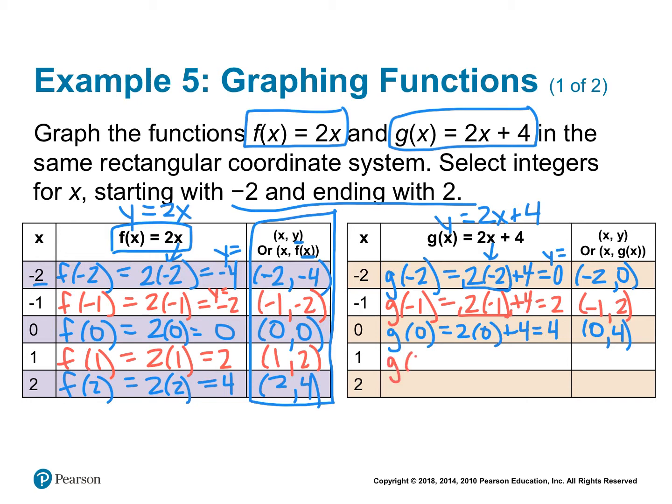G of 1: 2 times 1 is 2, plus 4 is 6. So 1, 6. And the last one, g of 2: replace my x with a 2 and add 4. 2 times 2 is 4, plus another 4 is 8. So 2, 8. That is the table, and on the next slide we're going to graph both sets of coordinates.